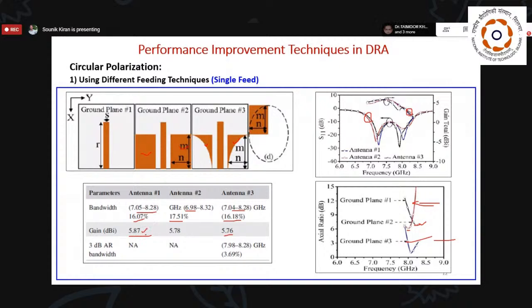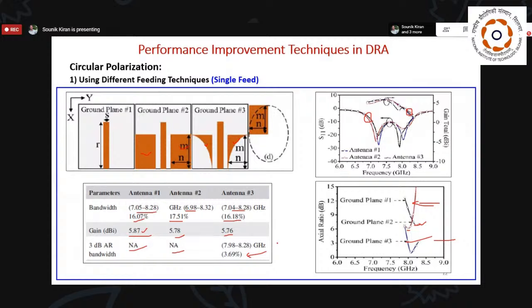The first technique gives 5.8 dB, but there is no circular polarization. In the second case, we got around 5.78 dB, also no circular polarization, because the axial ratio was around 6 dB. The third case performance is okay. The gain is reduced around 0.1 dB, but that is acceptable as we get the circular polarization, which is very nice.